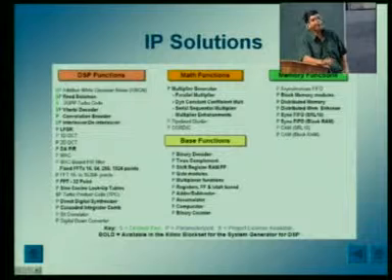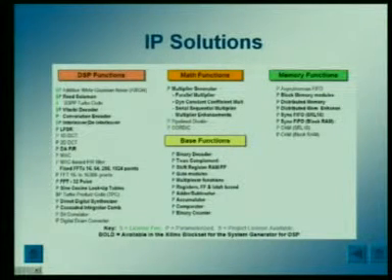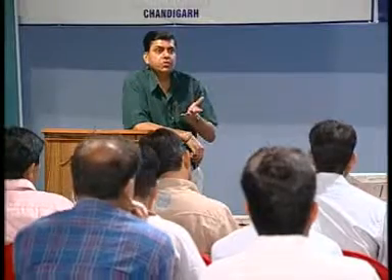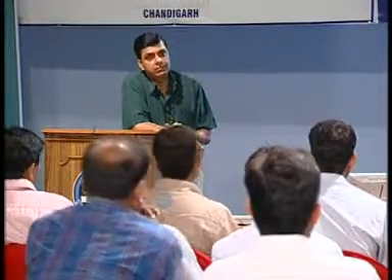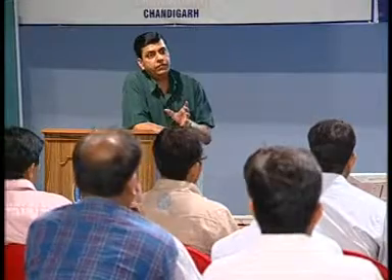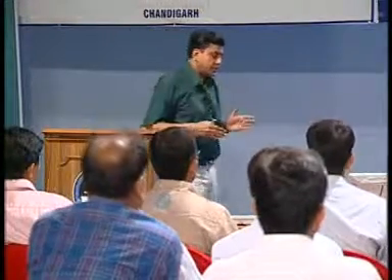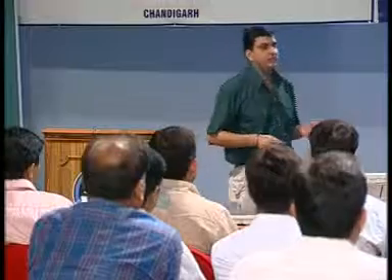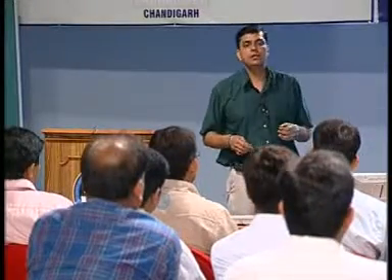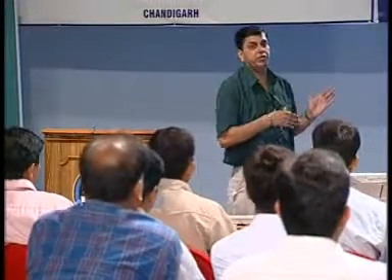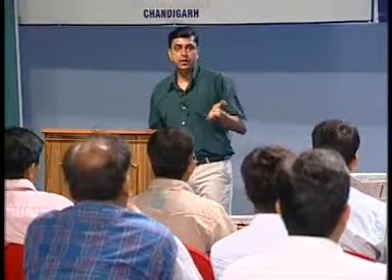Now, these are different IP solutions. IP here stands for intellectual property. So, we have these different IP solutions in the core generator, or you can say in the system generator. If your work is concerned with these IPs, then no doubt it will be beneficial for you to use them.